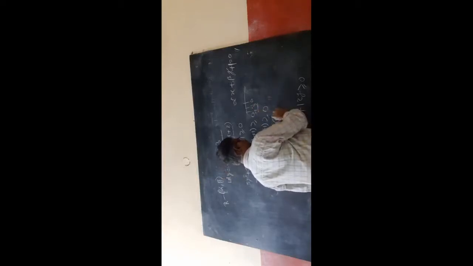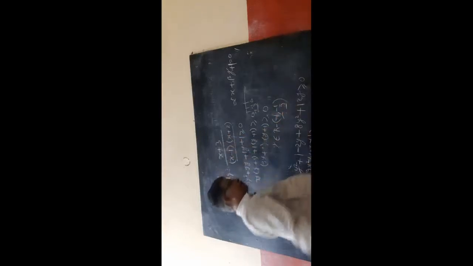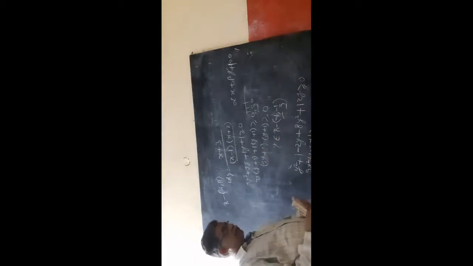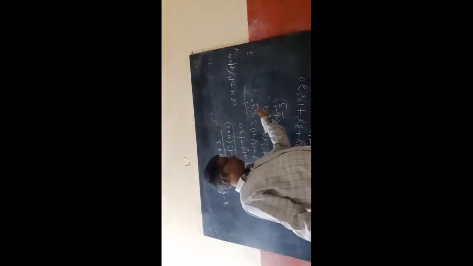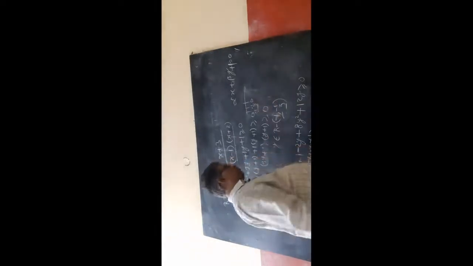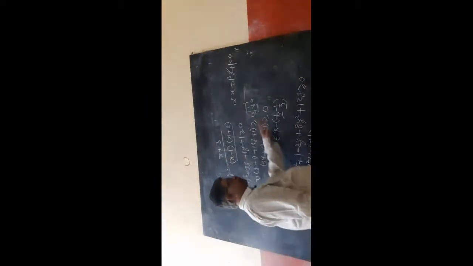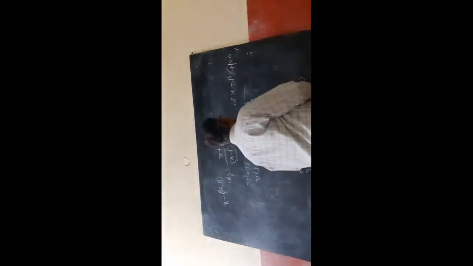So I will write R minus (minus 1, minus 1 by 9). So alpha, beta is (minus 1, minus 1 by 9). Be careful, this is first, this is next. So alpha is minus 1, beta is minus 1 by 9.